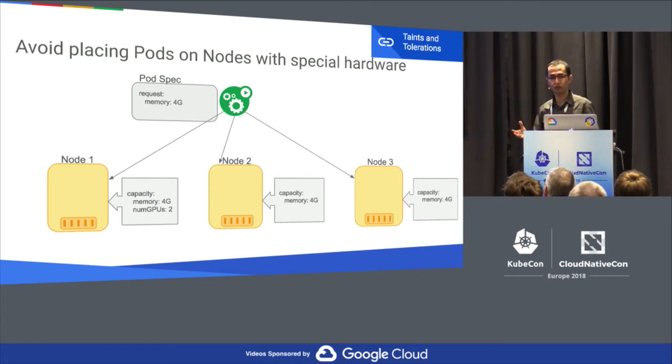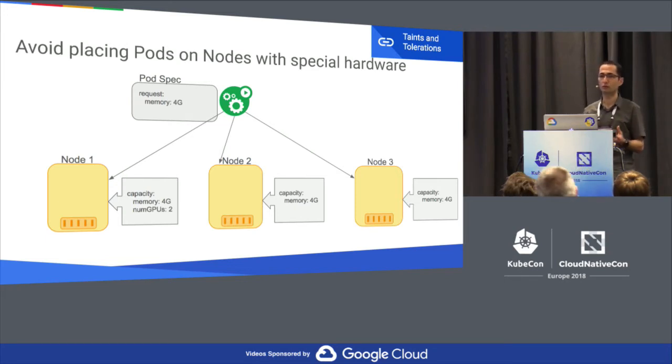In a heterogeneous cluster, let's say, you have nodes. Some of them have, for example, a GPU in this example, and some of them don't. A new pod arrives, and the pod only requires 4 gigabytes of RAM, let's say. All of the nodes in our cluster have 4 gigabytes of RAM. Only the first one, node 1, has a GPU.